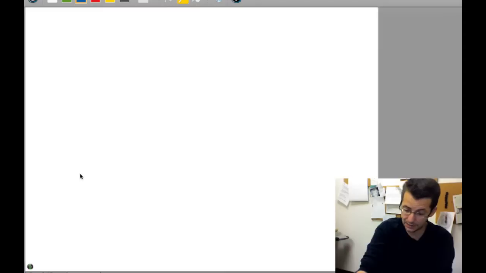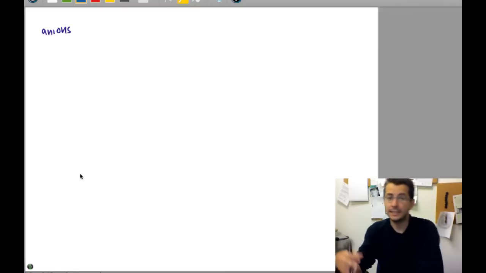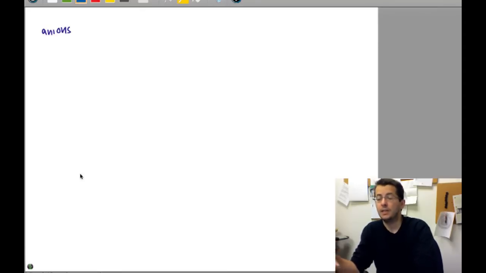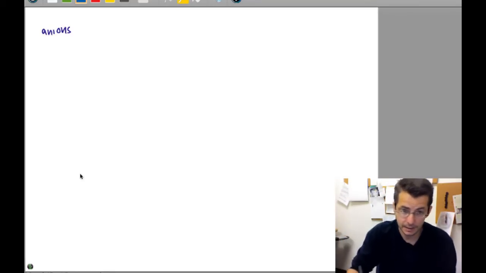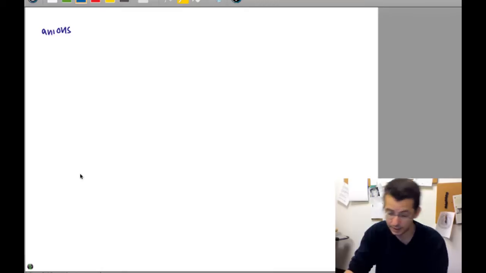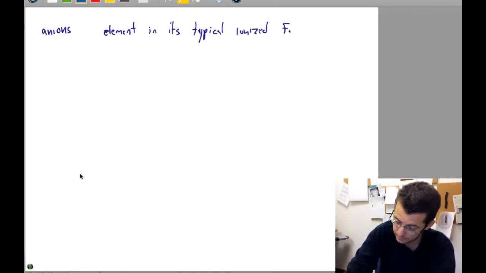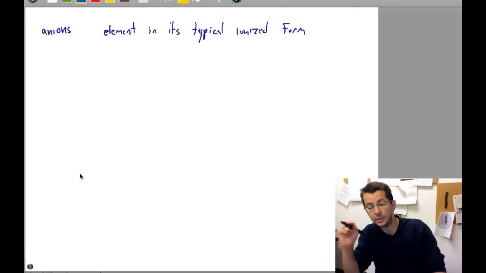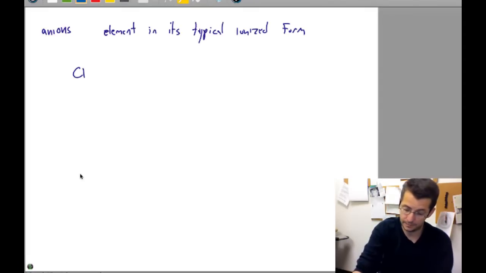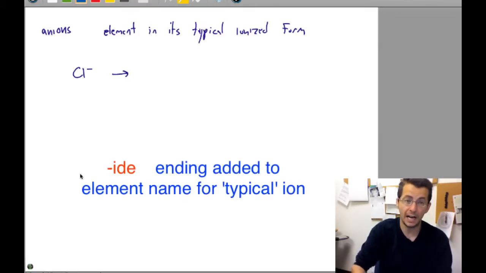No big deal. Now, the anions are a little more difficult because there are a wide range of anions. So for the anions, for the negatively charged species, depending on the nature, if it is the element in its typical ionized form, like Cl-, this is derived from chlorine.